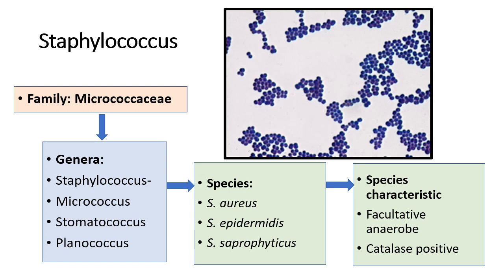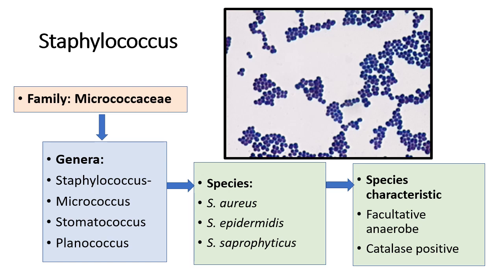So there will be biochemical tests which will distinguish Staph aureus from Staph epidermidis, and Staph saprophyticus from the upper two. So there are always some characteristics which distinguish between different species. Streptococci will be differentiated from Micrococci on the basis of certain tests, and then certain tests will differentiate aureus from epidermidis and so on and so forth.